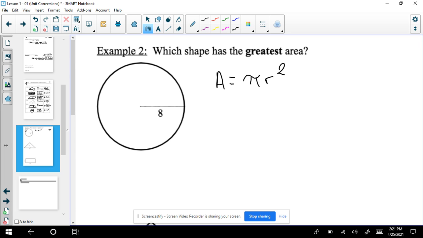And my r is my radius, and my radius is always from the center of the circle to the edge. So my radius is equal to 8. And usually what I like to do first is write my knowns and my unknowns beside it as well, but that's the only known that we have. So I can now figure out what my area is. So I go area is pi, plug in my 8 squared.